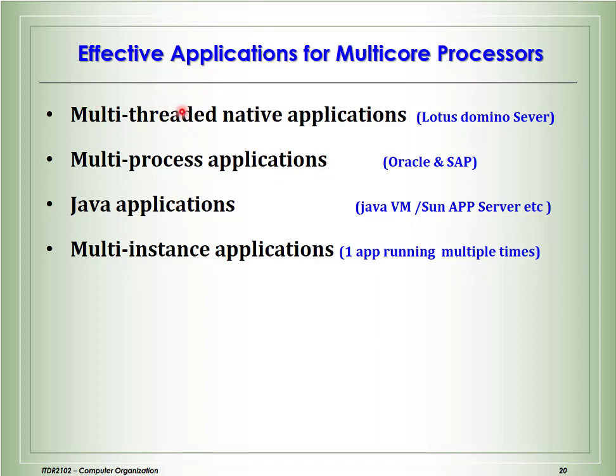So these are multi-thread native applications. Examples are Lotus Domino Server program, and also multi-processing applications like Oracle and SAP, and also Java applications which run on the Java Virtual Machine, Sun application server, etc. And also multi-instance applications, one application running multiple times.